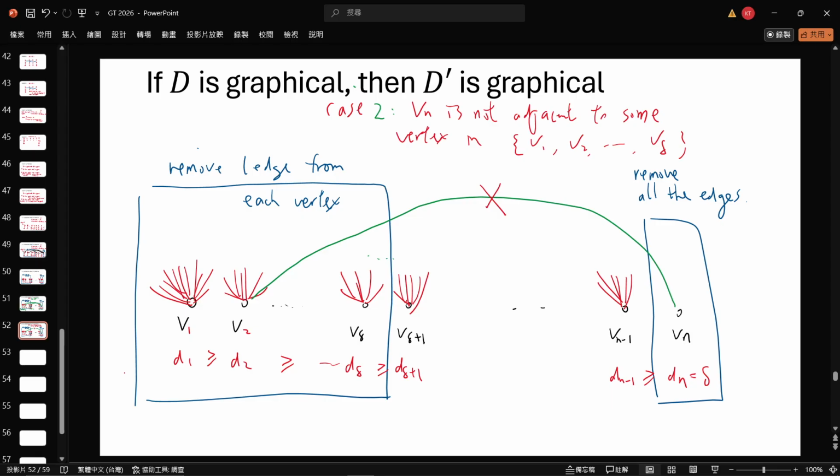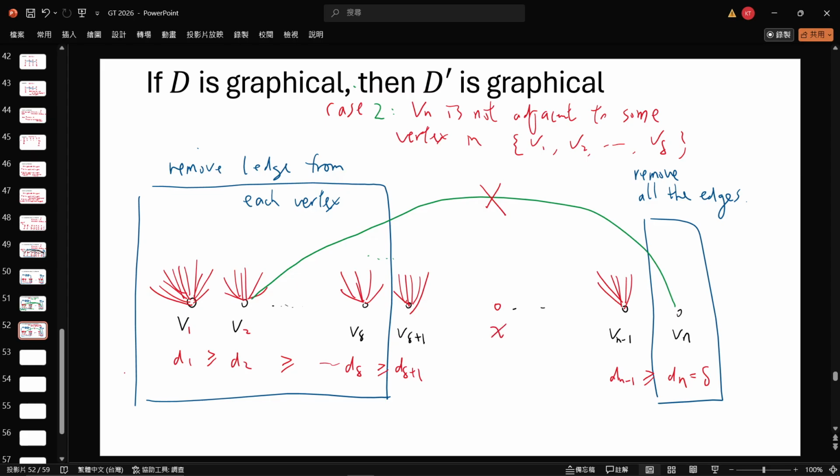But apparently we cannot just remove all the edges incident to Vn. Because what happens if this green edge is gone?